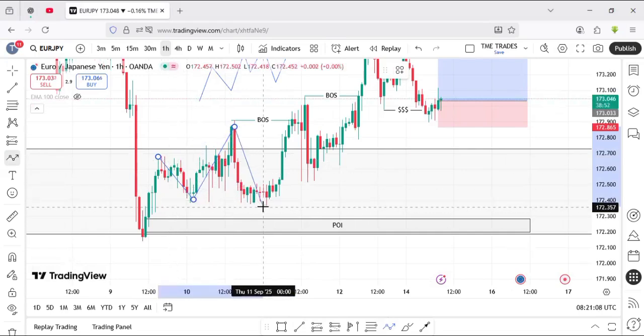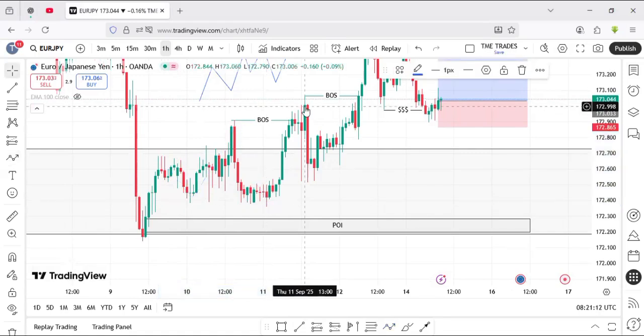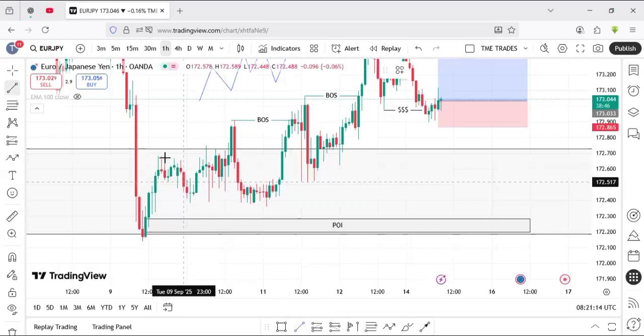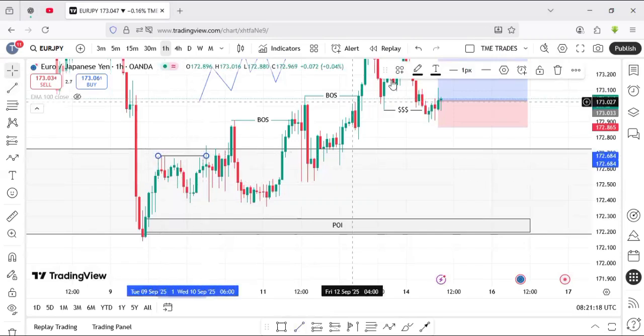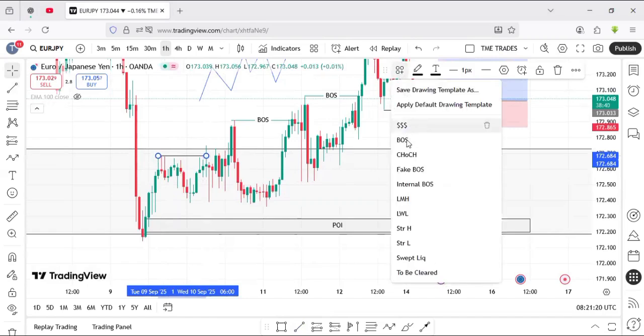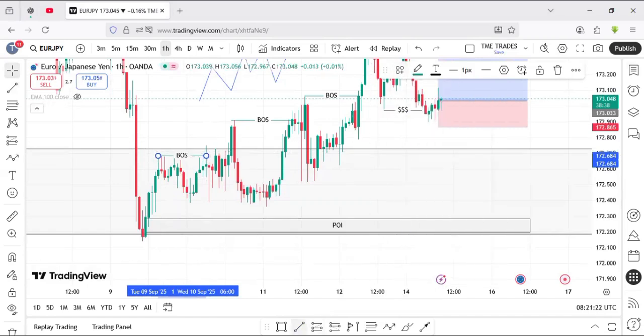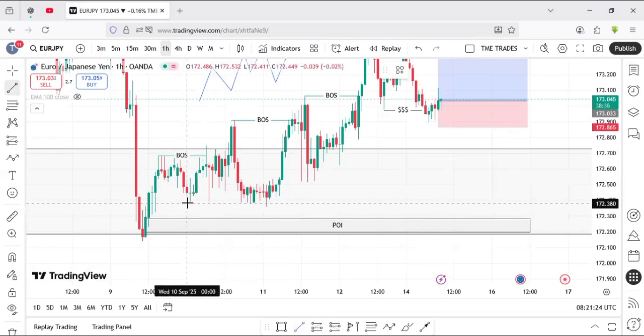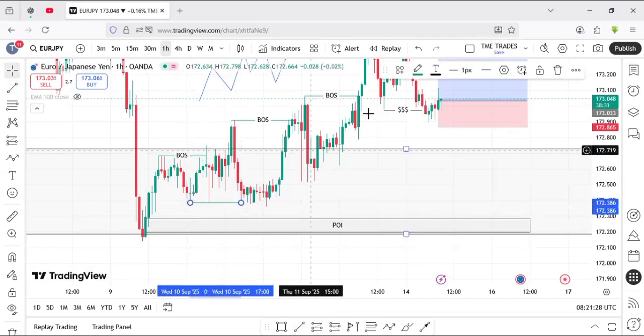What happened? The market came, taking out the low before continuation to the upside. Let me just identify this so that you understand better what we are talking about. Now let's give this a break of structure and also mark this as our liquidity, because it always happens, right?